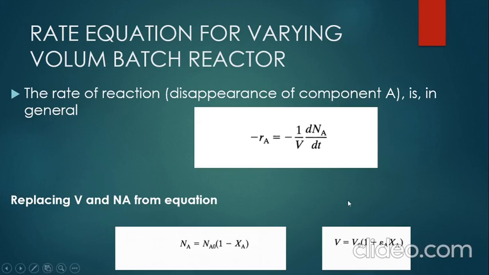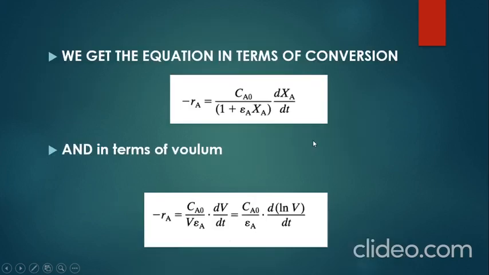Simply replacing V and NA from the earlier equations, we know that NA will be equal to NA naught 1 minus XA. We differentiate this equation and replace NA. So we get the equation in terms of conversion.